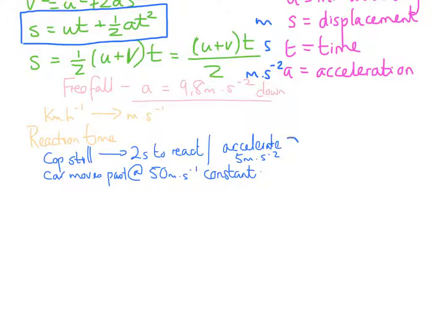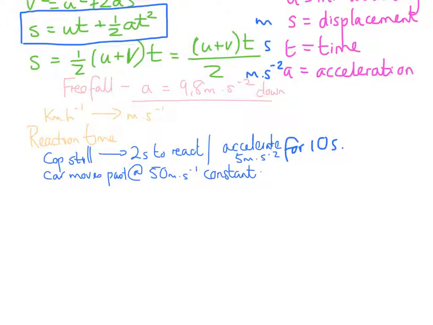Let's just write that in. What you've got now is an object that's moving at a constant velocity, and if that's happening for 10 seconds, then we can work out how far apart they are at the end. The first thing is that the car will have made some progress.